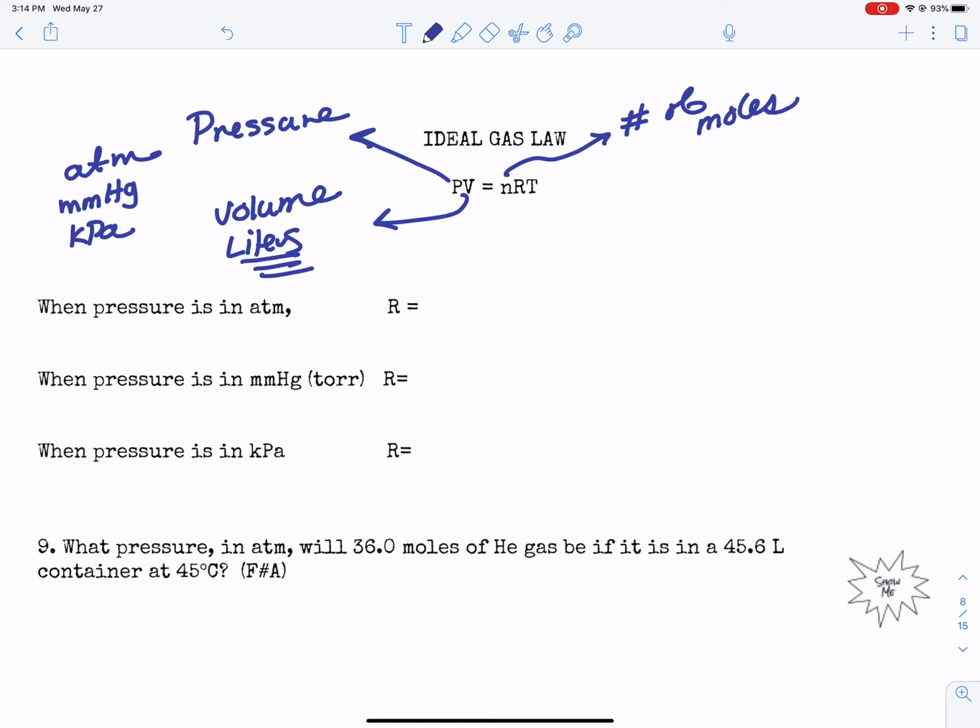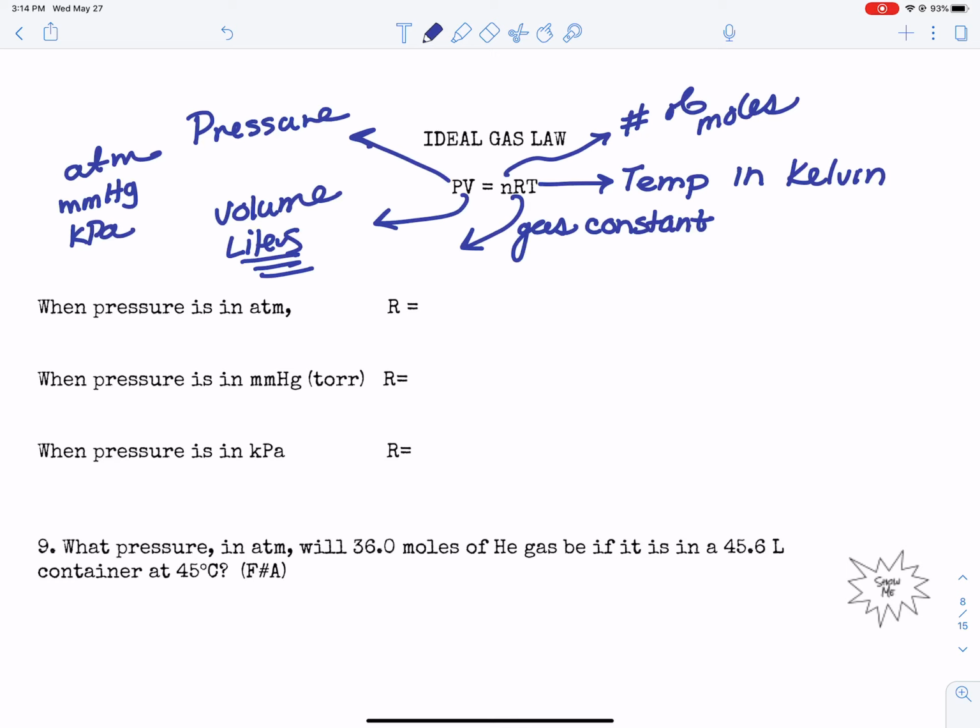We can't have it be lowercase m because that would be mass. R is the gas constant, more on that in one moment. And then, of course, T is temperature, and that must be in Kelvin. Again, whenever we're using temperature in a formula, we need to use it in Kelvin.